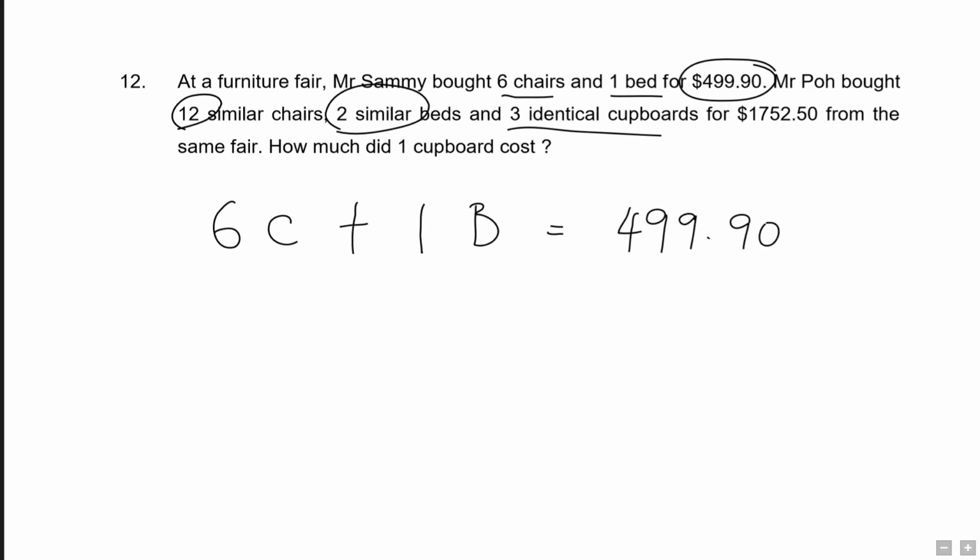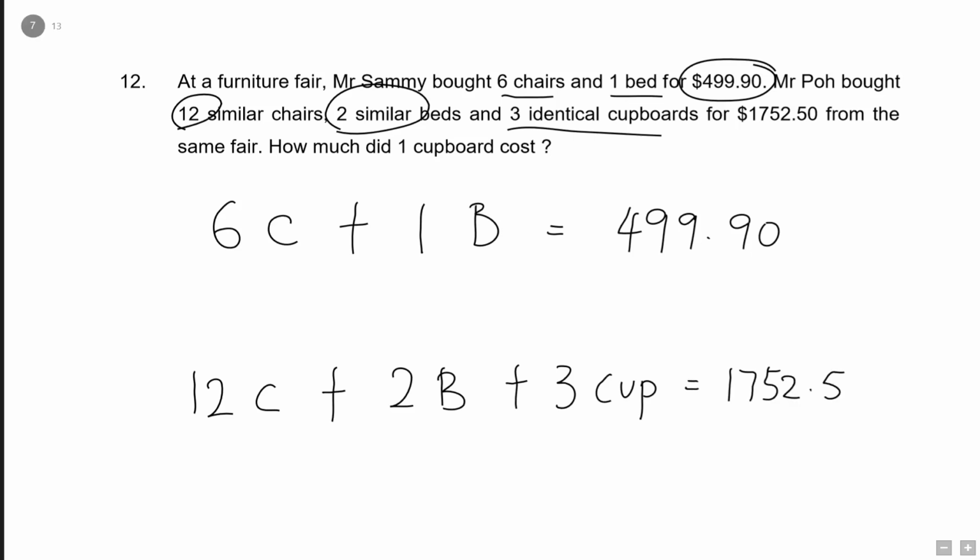Now, the other person bought 12 chairs, 2 beds, and an extra 3 cupboards, which I'm going to put here as CUP, for 1752.50. Okay, now these are very difficult things to compare. They are all different numbers.